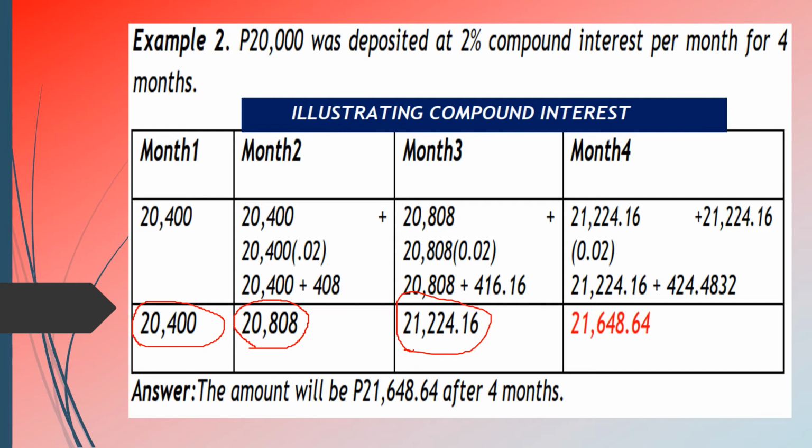For the fourth month, this value 21,224.16 is now the new principal that will gain another interest, and that will result to 21,648.64, and this is the amount after 4 months.